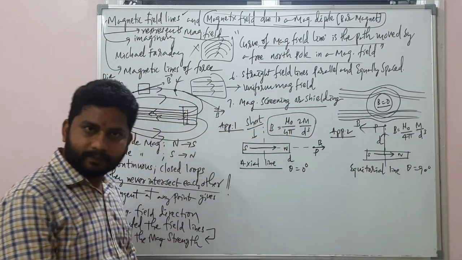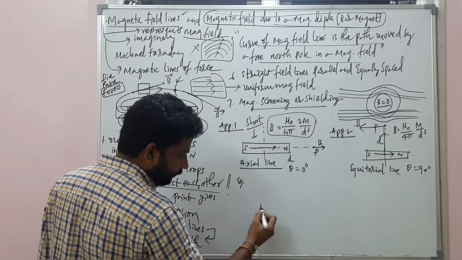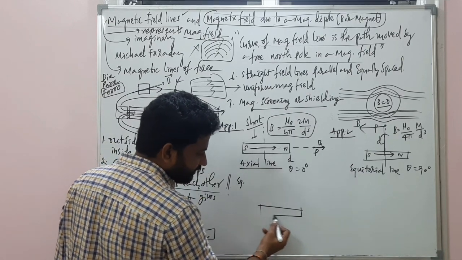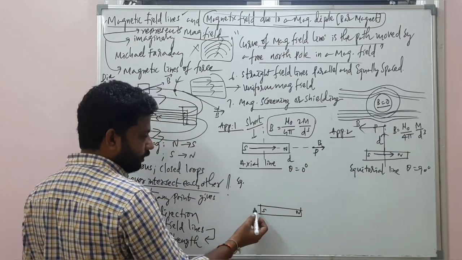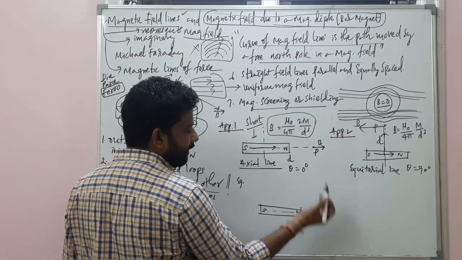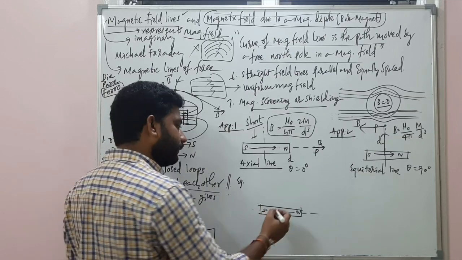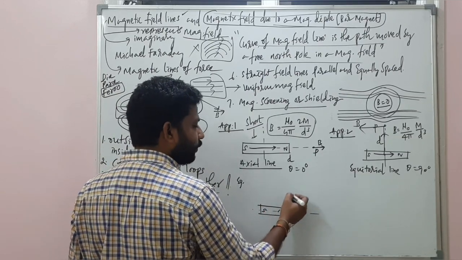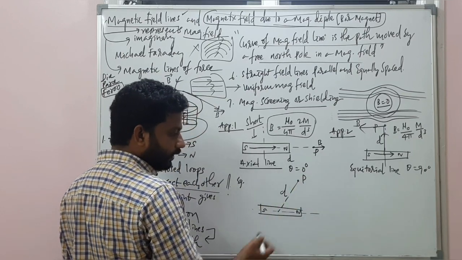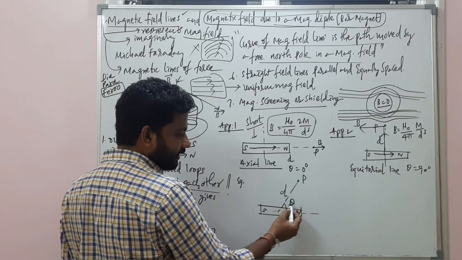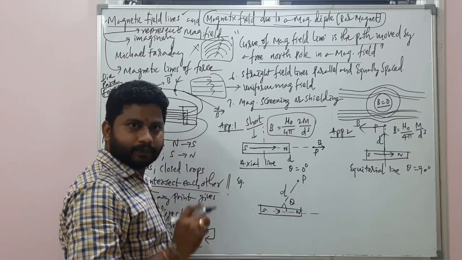In any other case, for example, you might have discussed this in your electricity chapter. This is the magnetic length. From the midpoint of the magnet, I have considered my point P here. So this is d now, alright? This is theta, the angle between the magnetic dipole moment and the d bar.